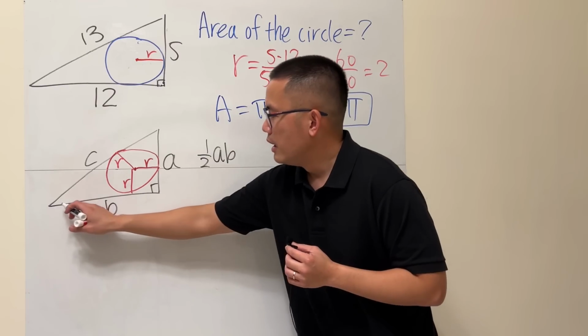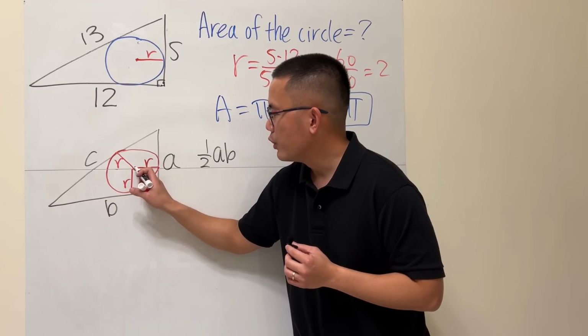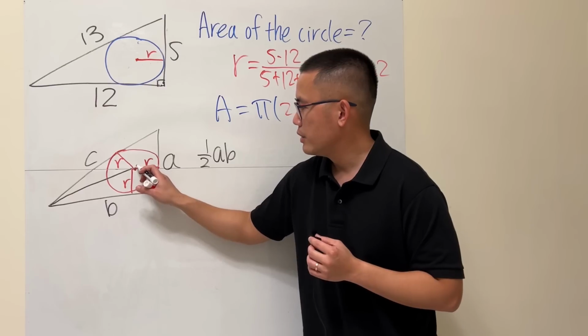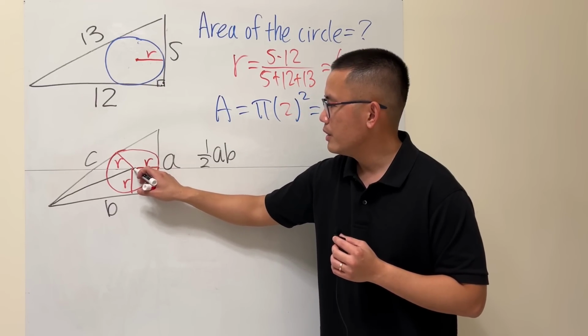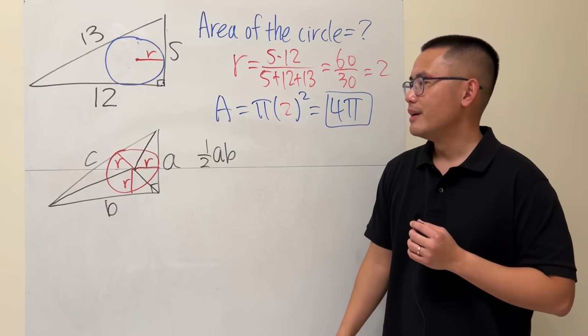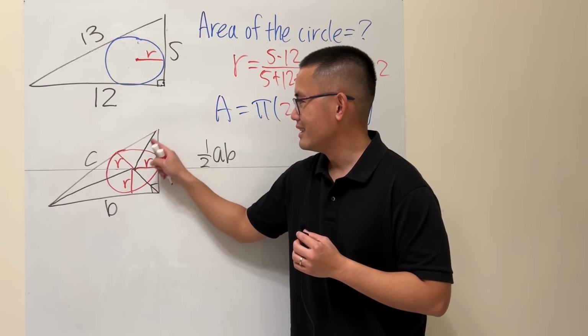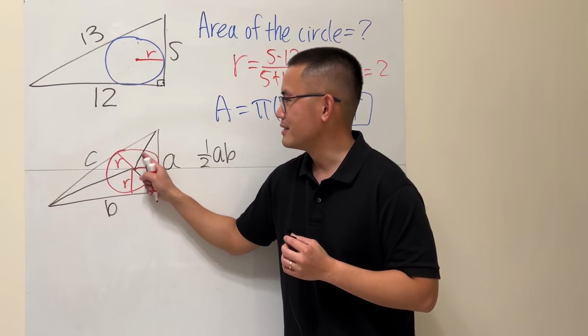To do so, I'm going to connect from the incenter, which is the center of the incircle, to here, and then connect it to here. So this one is the first one, second one, and then the third one.